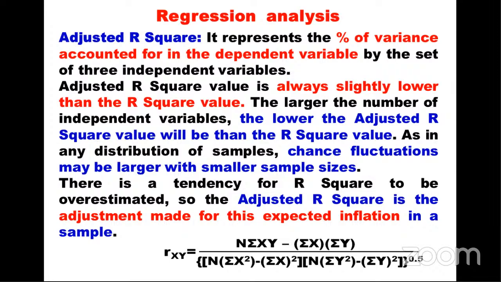Adjusted R square is always slightly lower than the R square value, because it is the percent variation accounted for in the dependent variable. The larger the number of independent variables, the lower the adjusted R square. This is the usual thing. And why is R square required?